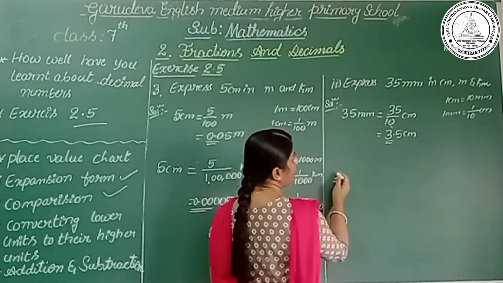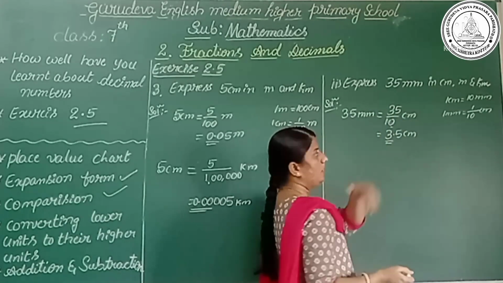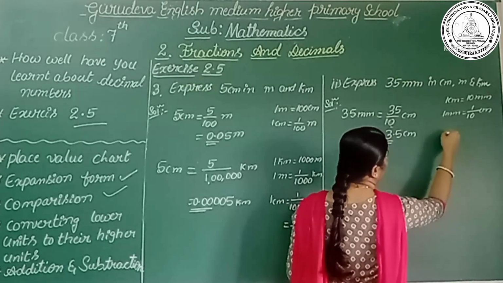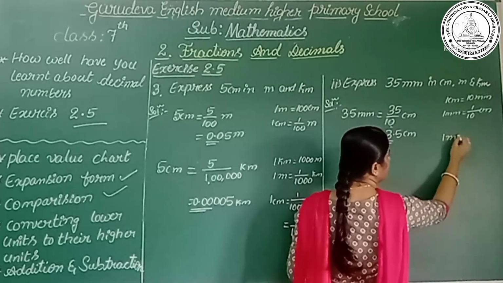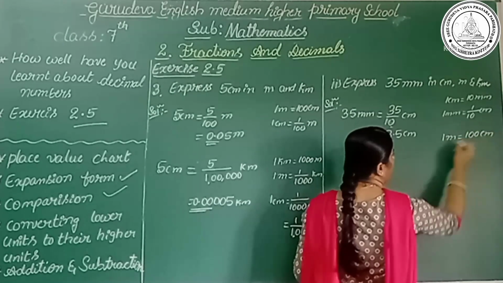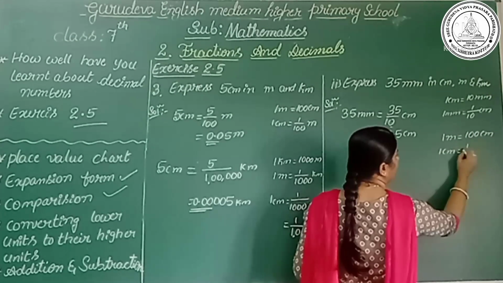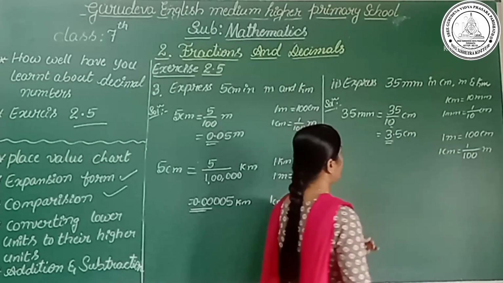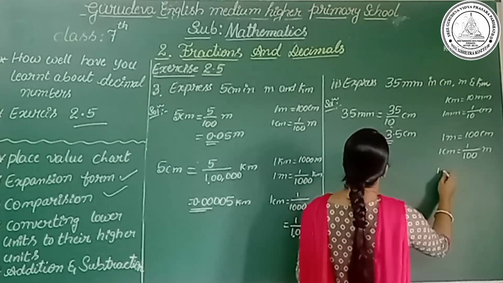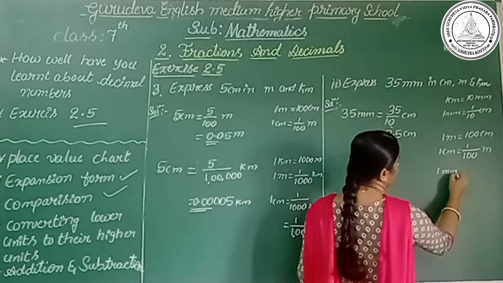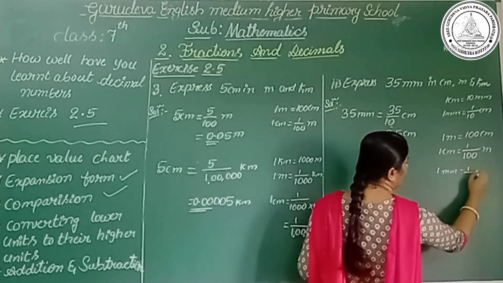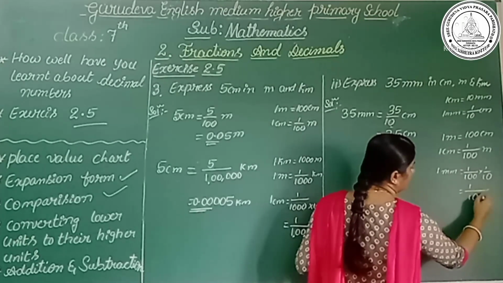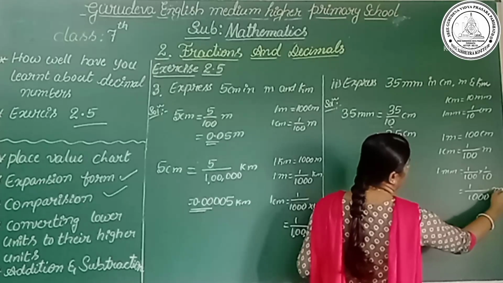Then the same, 35 millimeter into meter. So we know that 1 meter is equal to 100 centimeter. Then 1 centimeter is equal to 1 by 100 meter. Okay, so now you write. 1 millimeter is equal to 1 by 100 into 1 by 10, which is equal to 1 by 1000 meter.